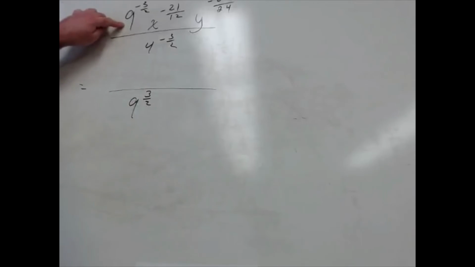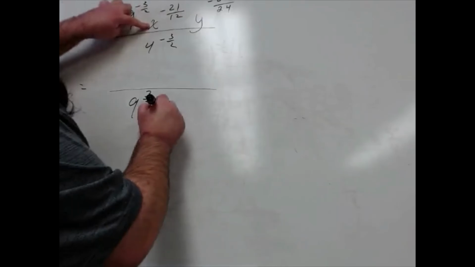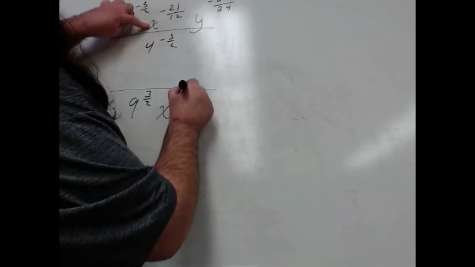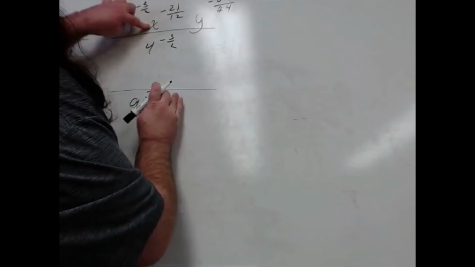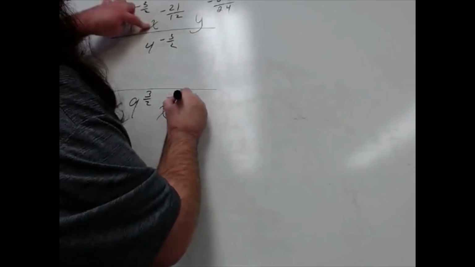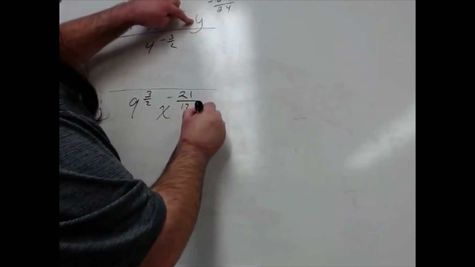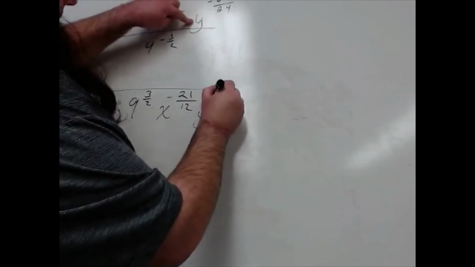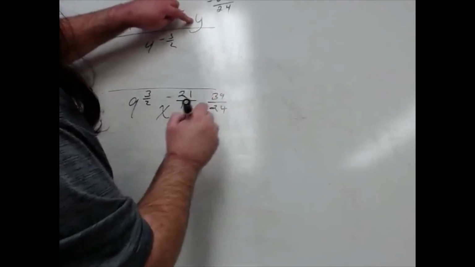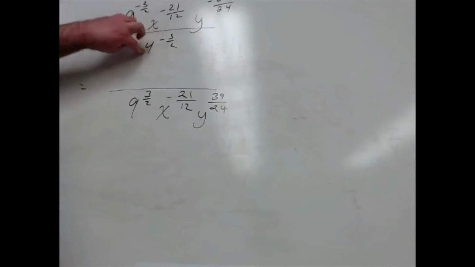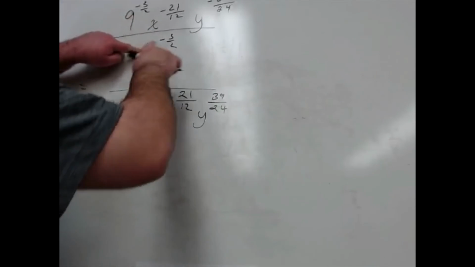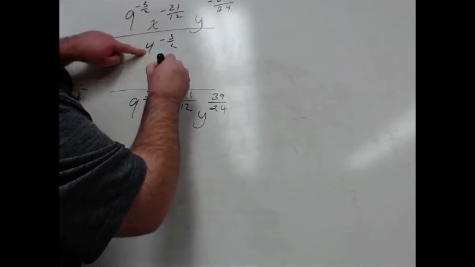This term's in the numerator with a negative exponent, so it's going to go down into the denominator. And now the exponent's going to be a positive 21/12. This exponent is negative, so it's going to go down into the denominator as well and become positive. This one has a negative exponent. It's in the denominator, so it's actually going to end up going up to the numerator and have a positive exponent.